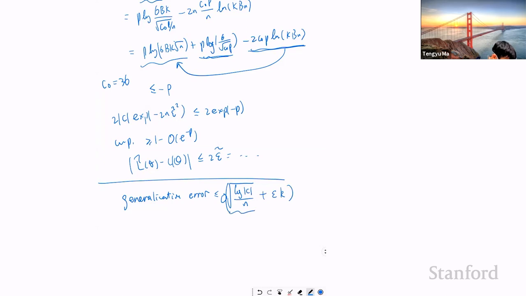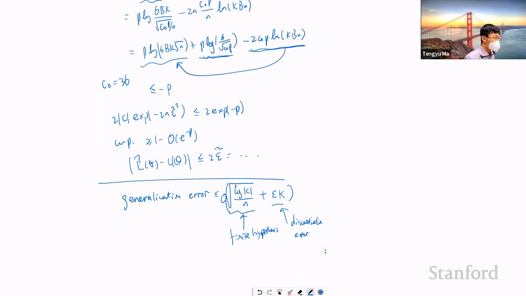So this part is from the finite hypothesis case, and this one, this is not k, this is kappa, is the discretization error. And in some sense, you are just trading off these two.